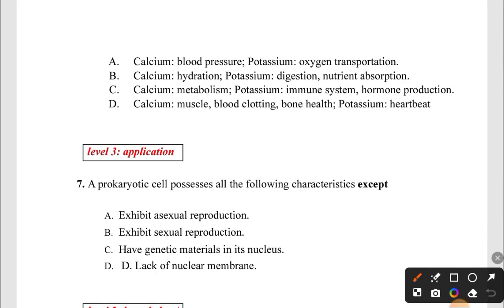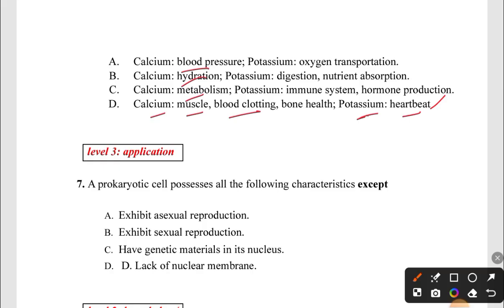Calcium doesn't have anything to do with blood pressure. Calcium hydration, no. Calcium metabolism, no. Calcium has something to do with the muscle and also helps in blood clotting, and potassium with the heartbeat. So the answer to question 6 is D.